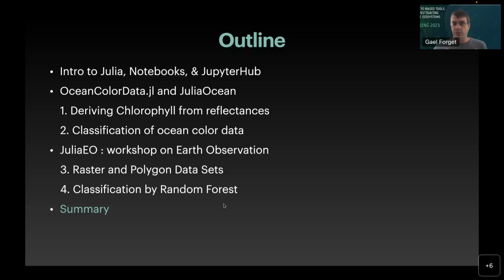I've given you a set of notebooks that you will be able to reuse on your machine or on the cloud that looked at ocean color. This was the first set of notebooks, and then Earth observation more generally in the second set of notebooks.